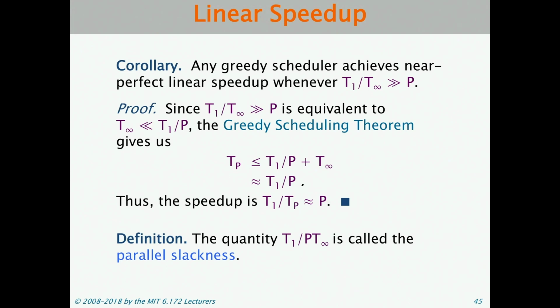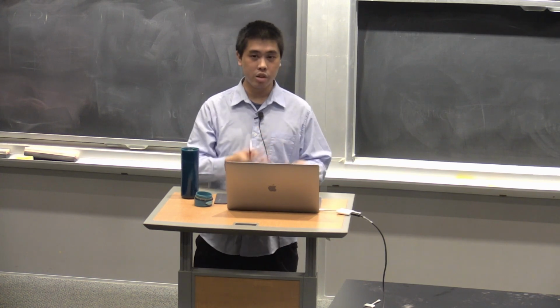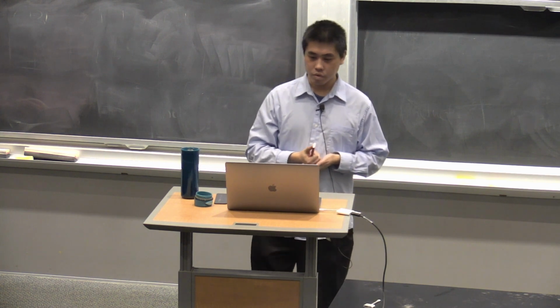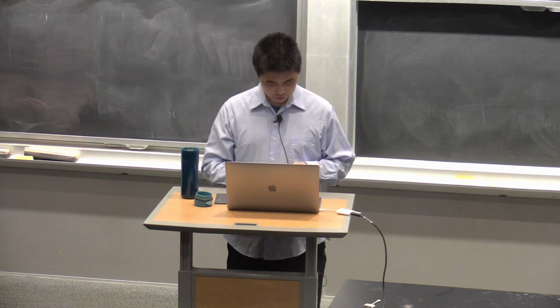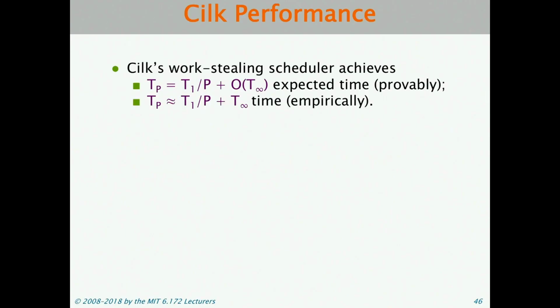Because if you have a parallel slackness of just 1, you can't actually amortize the overheads of the scheduling mechanism. So therefore, you want the parallel slackness to be at least 10 when you're programming in Cilk. So that was the greedy scheduler.